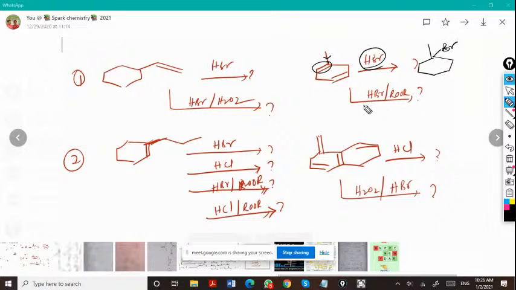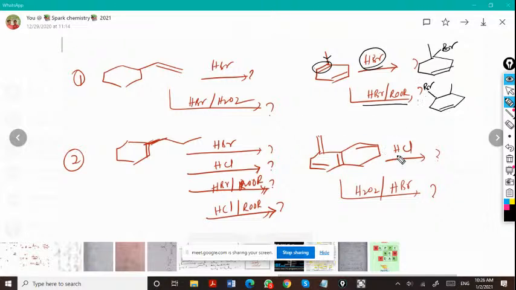So if it is peroxide also, the more stable free radical needs to be formed. So in that case, this is the double bond that's going to react in the addition reaction. So the final product will be on the less substituted side only, but the attack will be the same. Whichever has more nucleophilicity or more reactivity will attack.